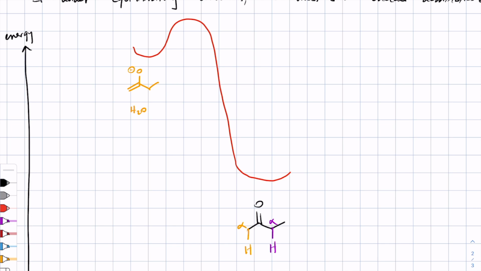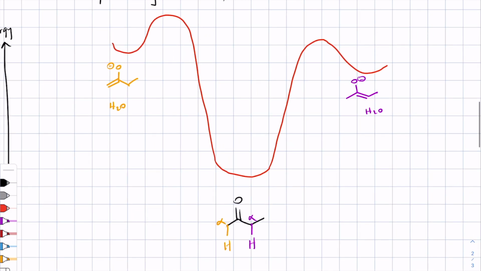and water as the conjugate acid of our base. If we go this direction, we make the more substituted, more stable purple enolate and water as our conjugate acid.